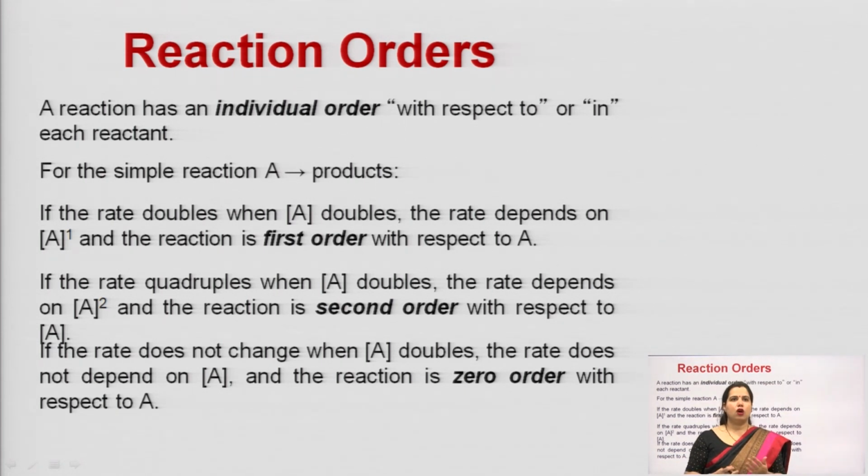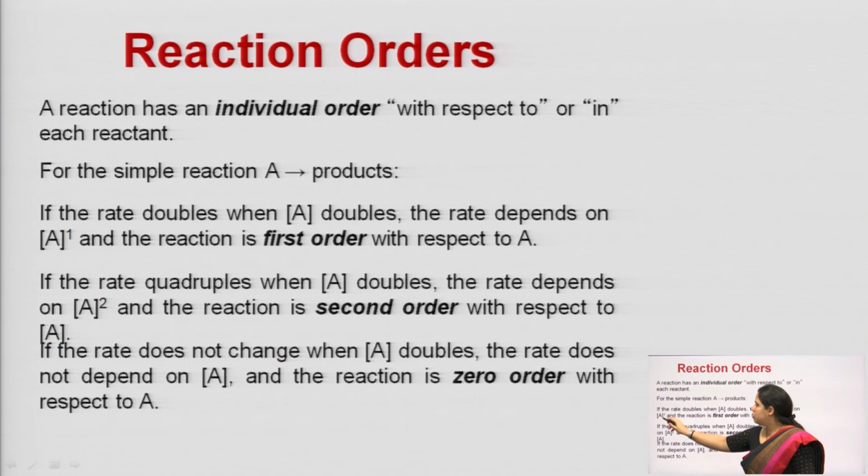If the rate quadruples when A doubles, the rate depends on A to the power 2 and the reaction is second order with respect to A.